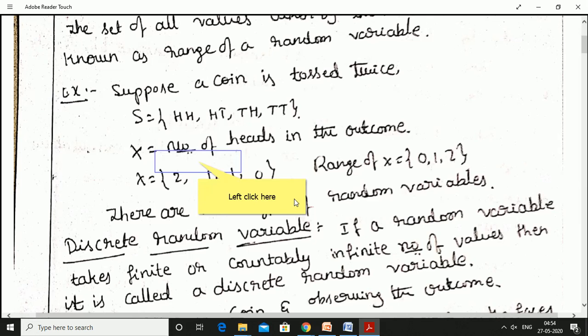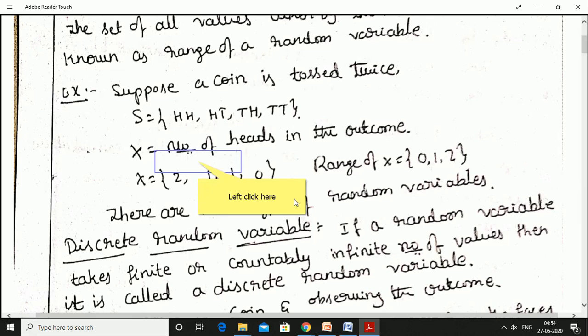For tossing a coin twice, the sample space is HH, HT, TH, TT. X, a random variable, assigns a real number to each sample point in the sample space according to some rule. That rule is the number of heads in the outcome.